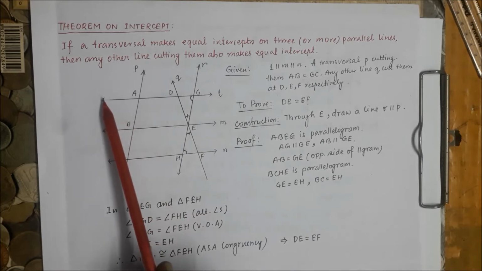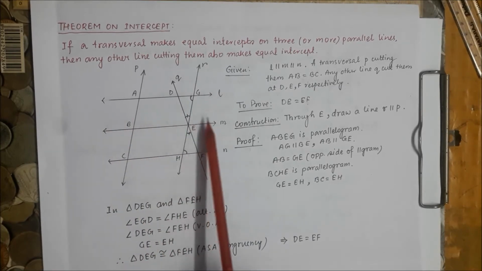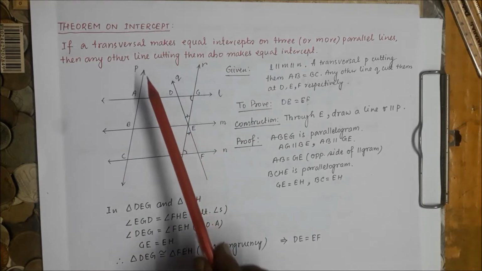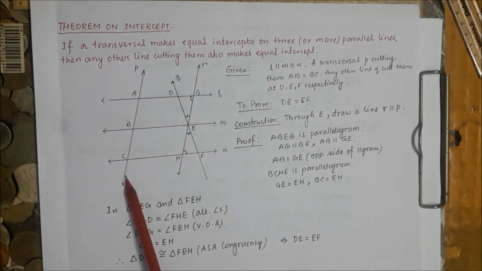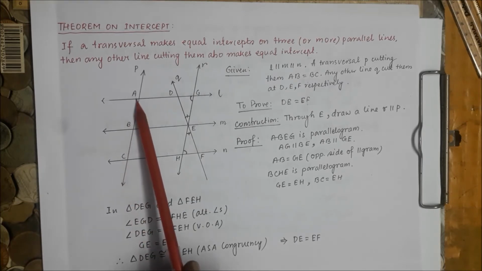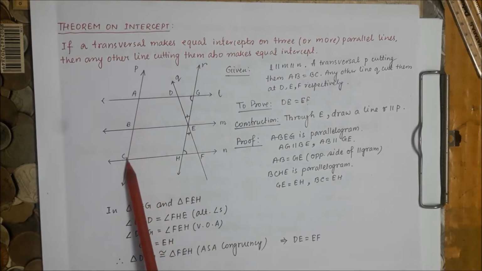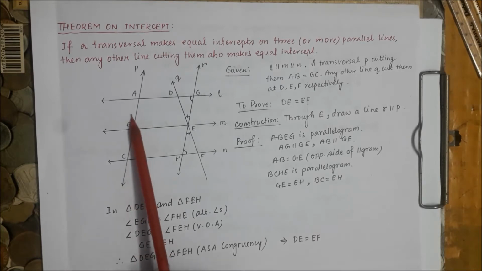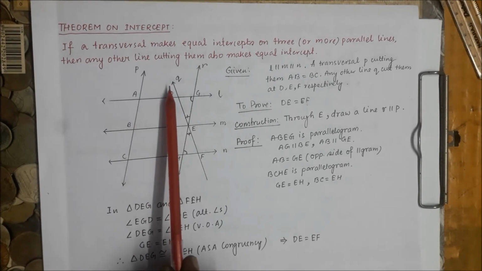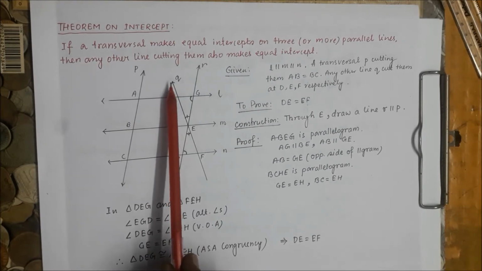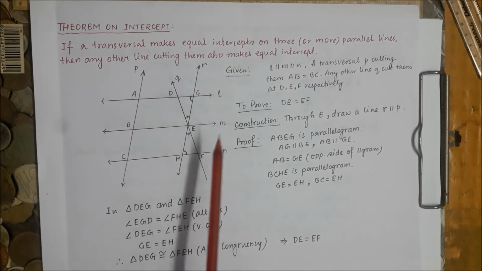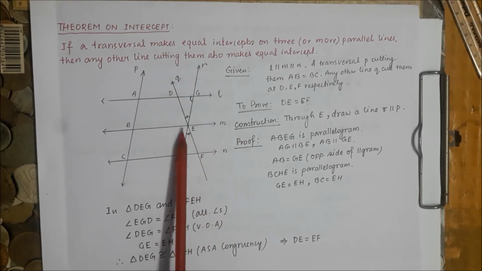For example, here L parallel to M parallel to N is given, and a transversal P cuts the lines L, M, N at the points A, B and C such that AB equals BC. Now, if any other line, suppose Q, cuts them at D, E, F, we need to show that DE is equal to EF.